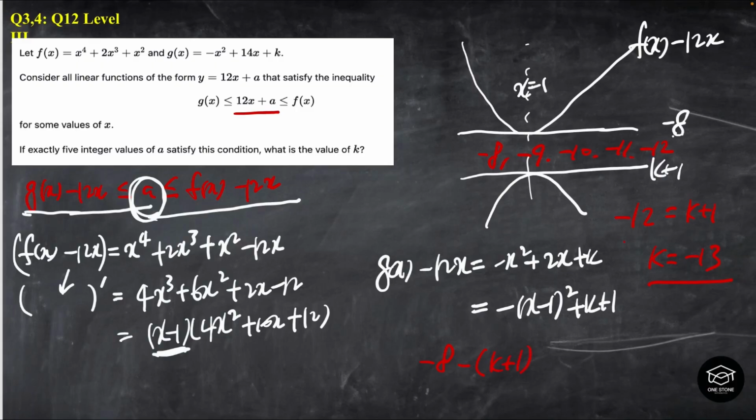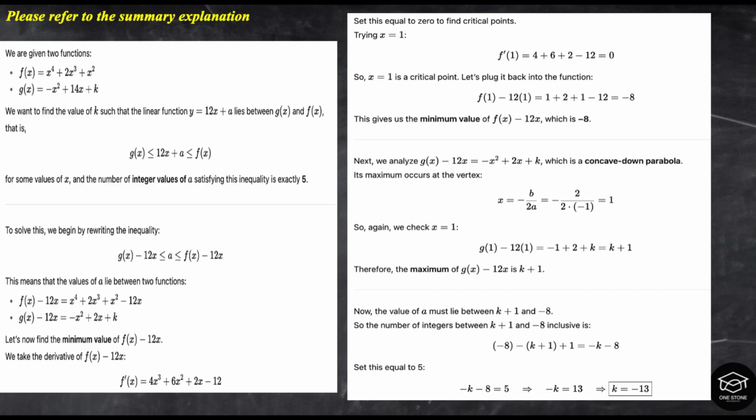Let's set up the equation. Negative 8 minus the quantity k plus 1 equals 5. Simplify. Negative k minus 8 equals 5. Solving, we find k equals negative 13. Final answer: k equals negative 13.